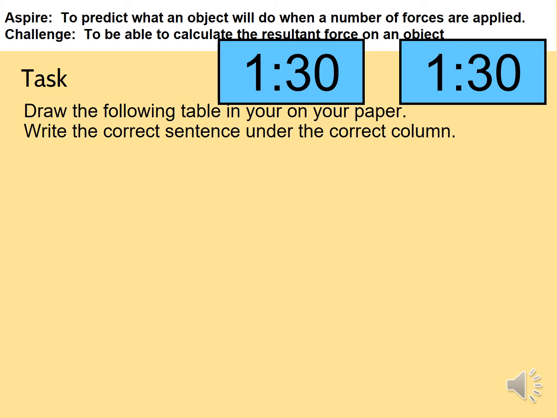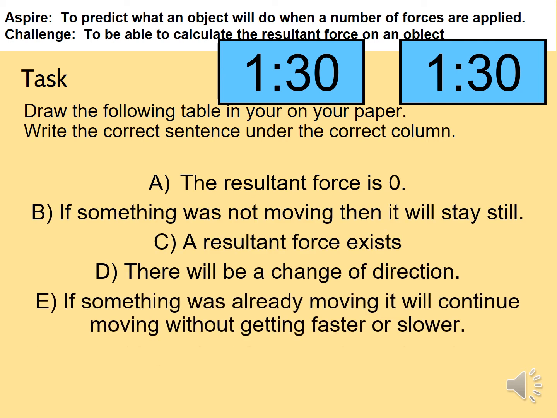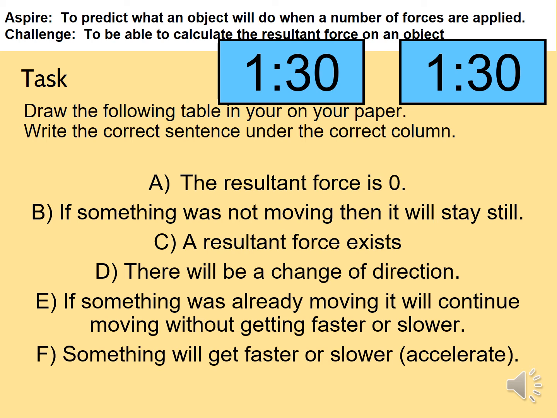I'm going to put all of the statements down for you, and what I would like you to do is to decide whether they are balanced descriptors or unbalanced descriptors. I'm going to give you 3 minutes to make your decisions and to write them in.